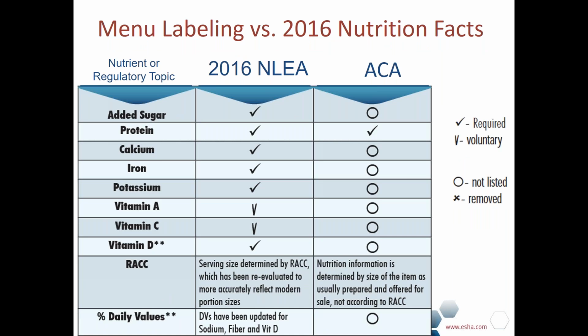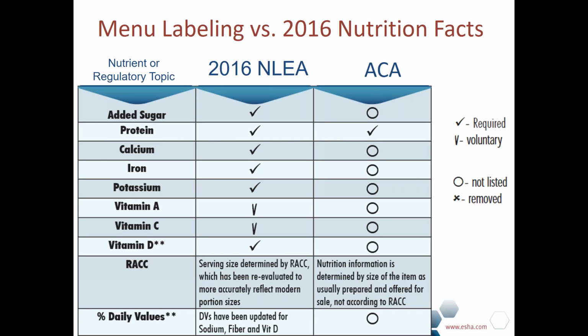On the next slide, we can see that the NLEA for 2016 requires vitamins and minerals, but there have been some changes to what vitamins and minerals are required. The Affordable Care Act does not require vitamins or minerals under protein, but does require sodium.